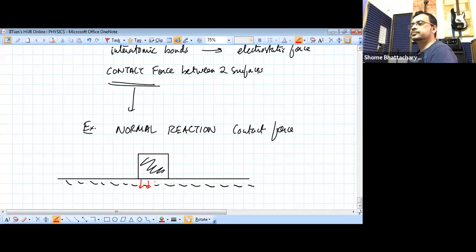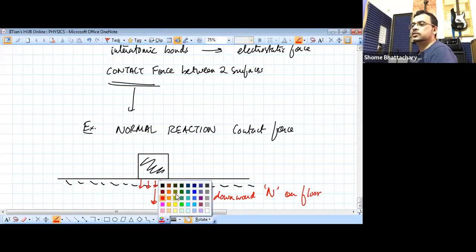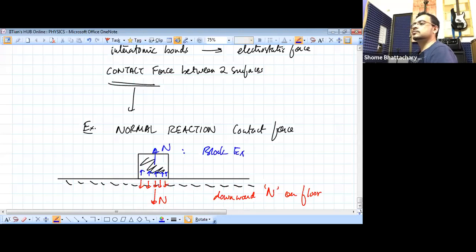At every point there's a pressure, and that is contributing to a net downward normal reaction on the floor. And the floor applies an equal and opposite normal reaction upwards on the block. So the block experiences a vertically upward normal reaction force.